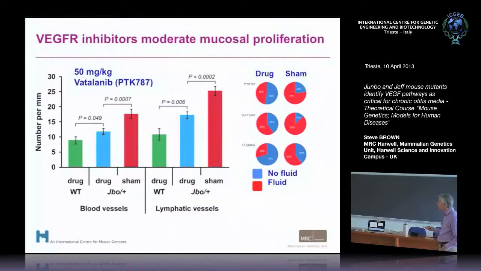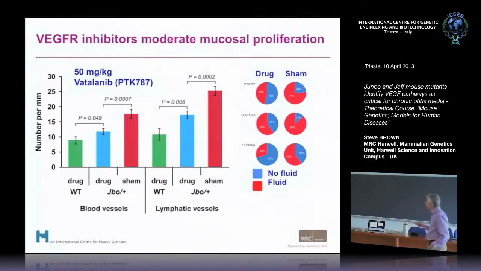You can see that there's a significant reduction in the number of blood vessels, which is obviously a measure of the mucosal proliferation in these mutant mice. So there's a significant improvement in the drug-treated mice. And also there's a significant improvement in the lymphatic vessels that usually proliferate in the inflamed mucoperiosteum.